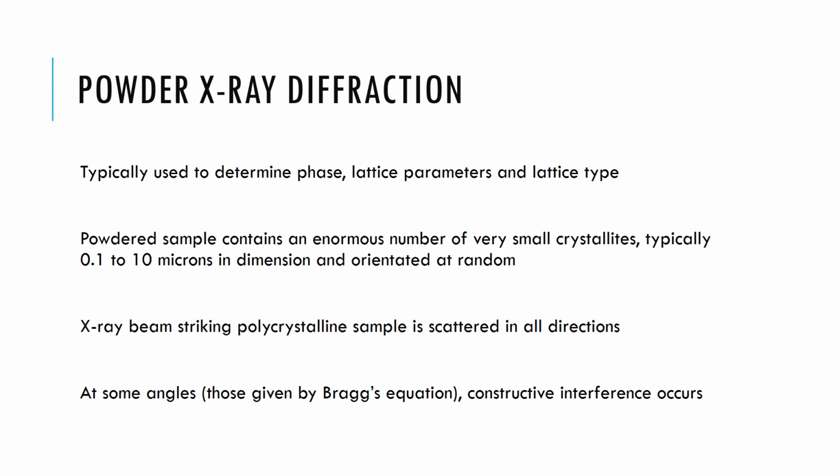Think about a teaspoon of salt, which is sodium chloride. Each one of those tiny grains of salt is a different crystallite. A teaspoon of salt isn't one single crystal, it's a collection of lots and lots of crystals.